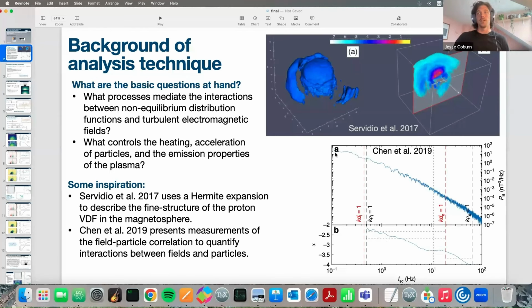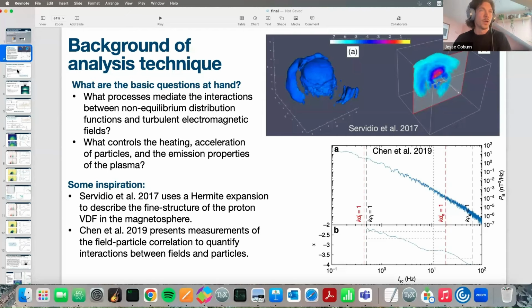You just take the slope, or the power law, of the spectrum locally, and you move across, and you get this plot down here, and we all argue about what these alphas, what these power laws, should be. But these two papers in particular, the issues they addressed and the things they were able to do, were the inspiration for why I decided to build the analysis technique that I'm going to show you today.